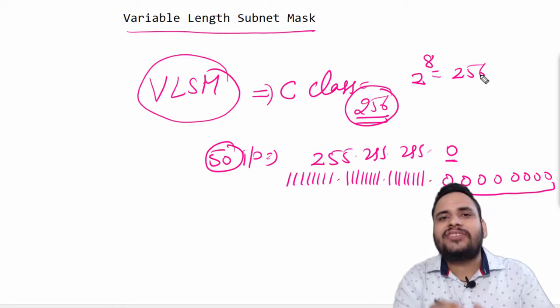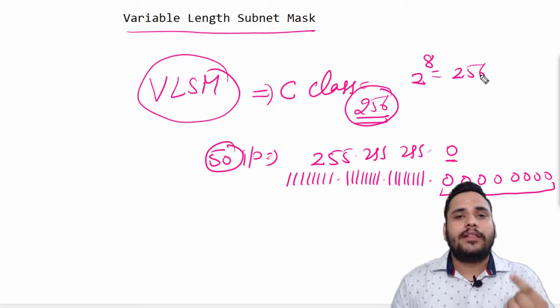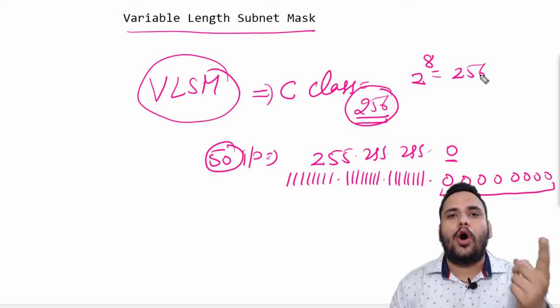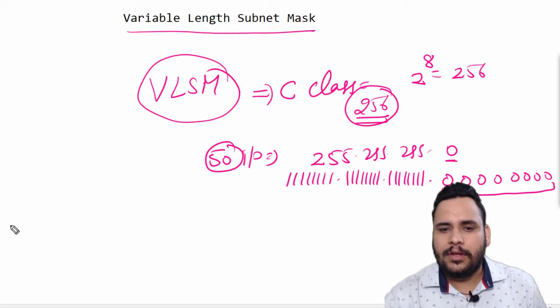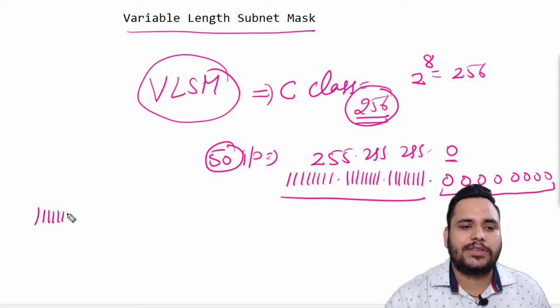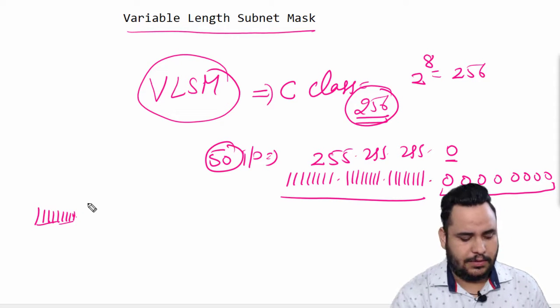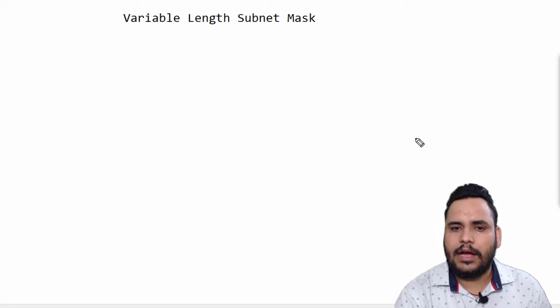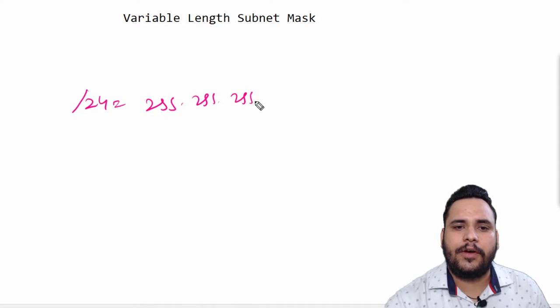If we manually change our subnet mask from FLSM to VLSM, then we can add one on bit in this subnet mask manually. Now /24 is 255.255.255.0.